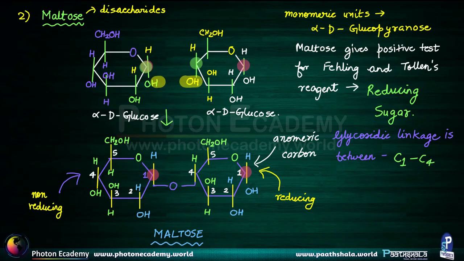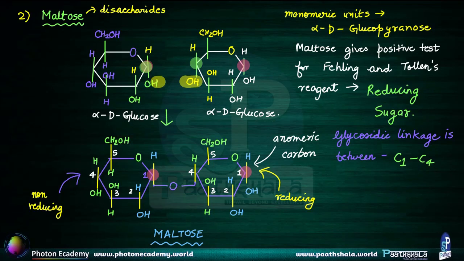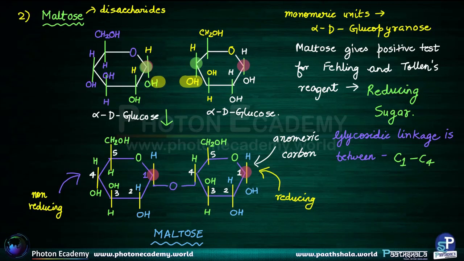Also, we have seen that disaccharide maltose is composed of two alpha D glucose units in which C1 of one glucose is linked to C4 of another glucose unit. And the free aldehyde group can be produced at C1 of the second glucose in solution, as it shows reducing properties.